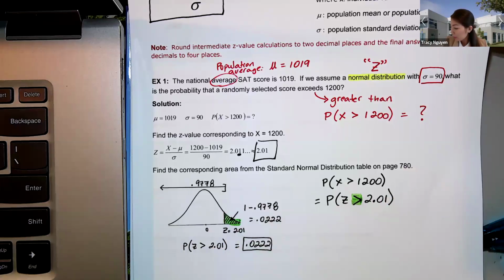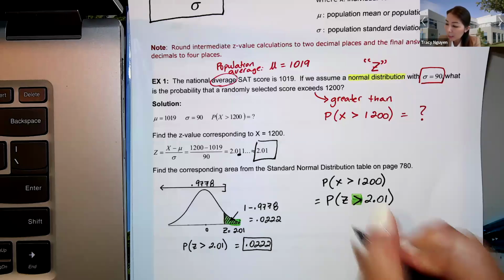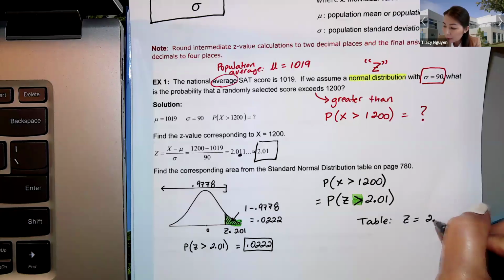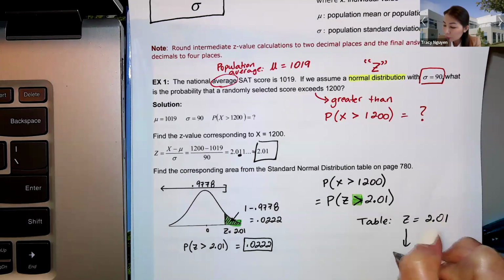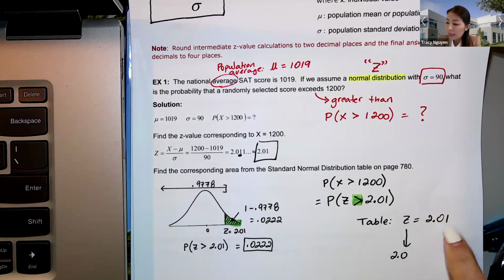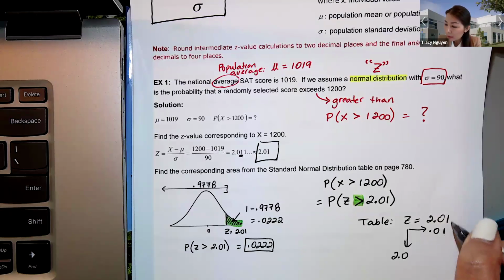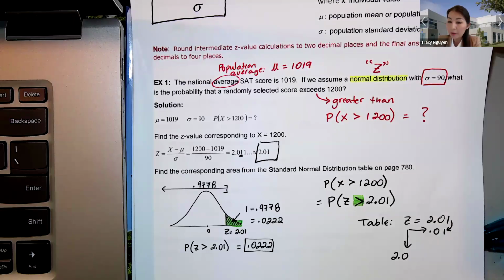Okay, then what we're going to do is read it from our normal distribution table. How to read it from our table for z equal to 2.01: we go down to 2.0, which gives the first digit after the decimal point. Then we move over by 0.0 and whatever the digit is in the hundredths place value.